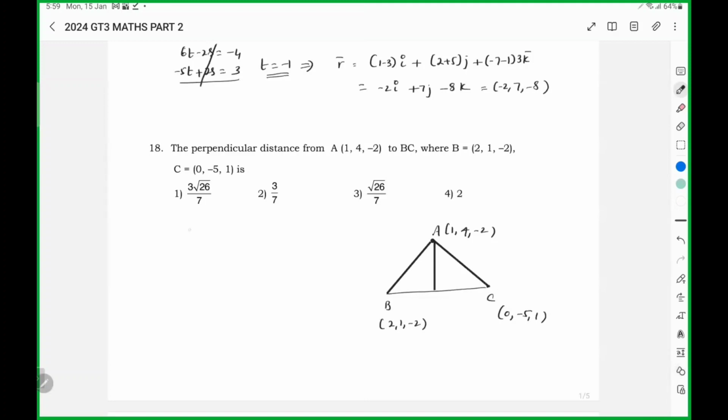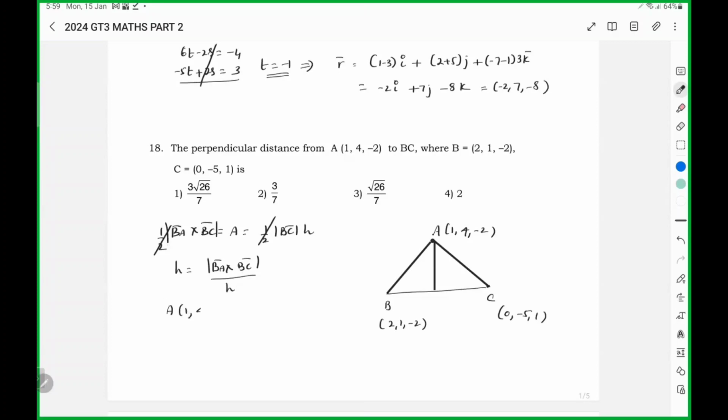First we will find the area, BA cross BC. Half of it will give you the area, which is half BC into height, which is equal to modulus of BA cross BC by h.